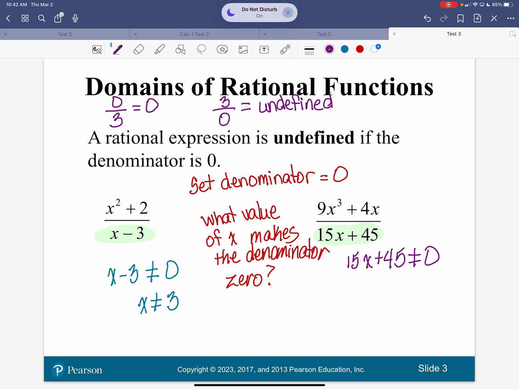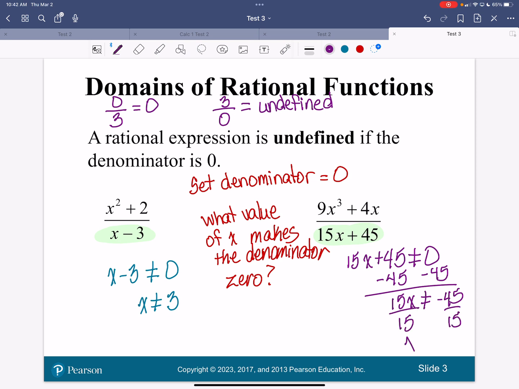Okay? So I subtract 45 from both sides. I get 15x cannot be negative 45. I divide both sides by 15, and x cannot be negative 3.